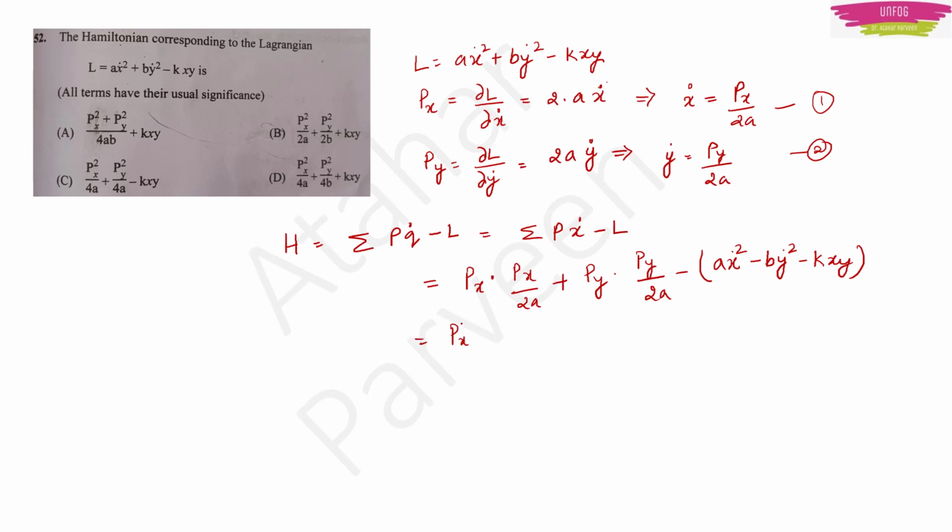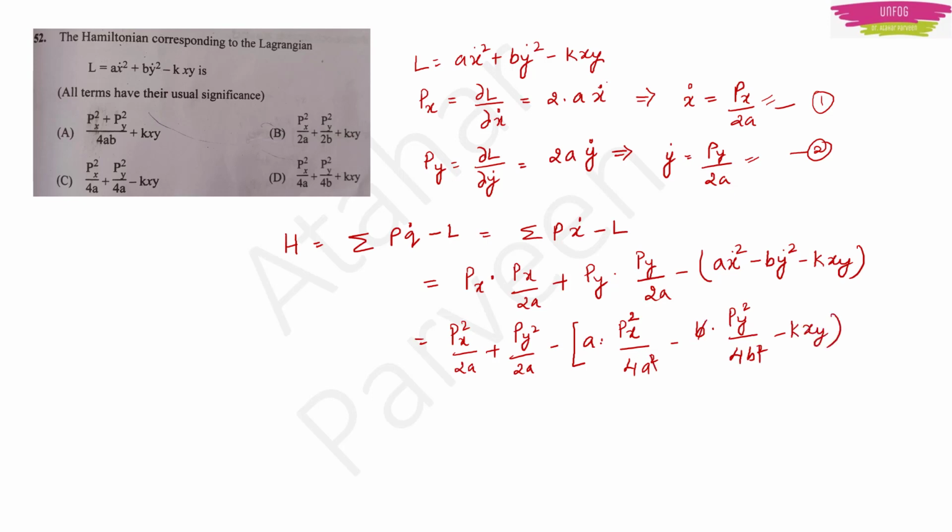This will be equal to px square by 2a plus py square by 2b minus, and I will substitute the values of x dot and y dot in the Lagrangian. X dot will be again px by 2a, but I have x dot square, so it will be a into px square by 4a square, plus b into py square by 4b square, minus kxy.